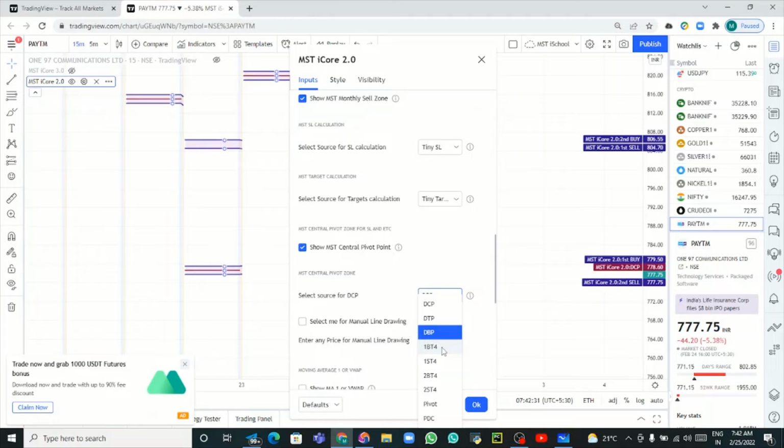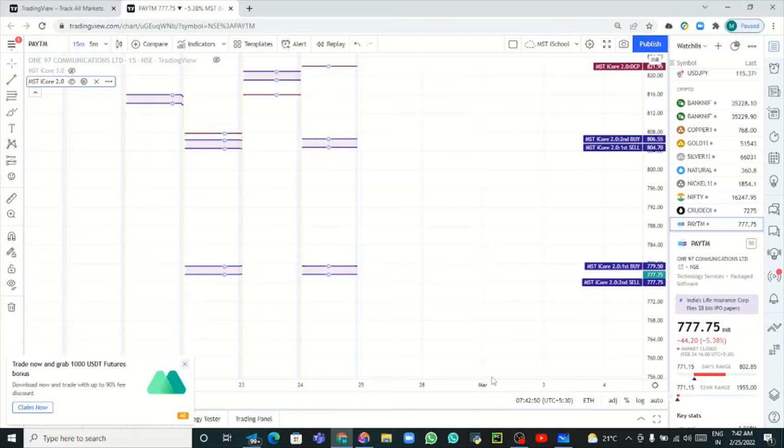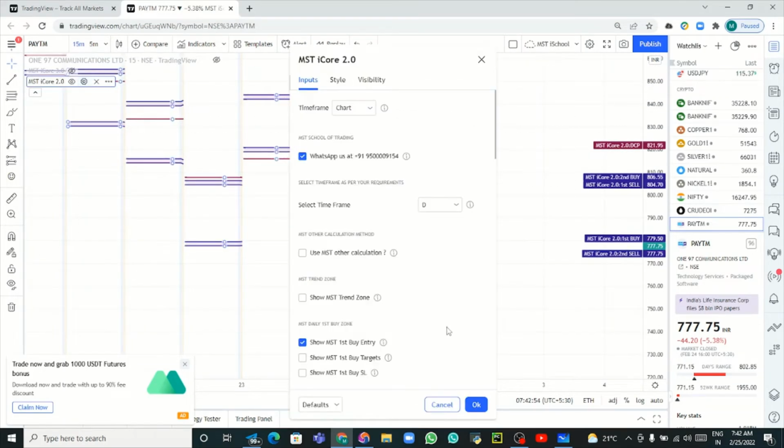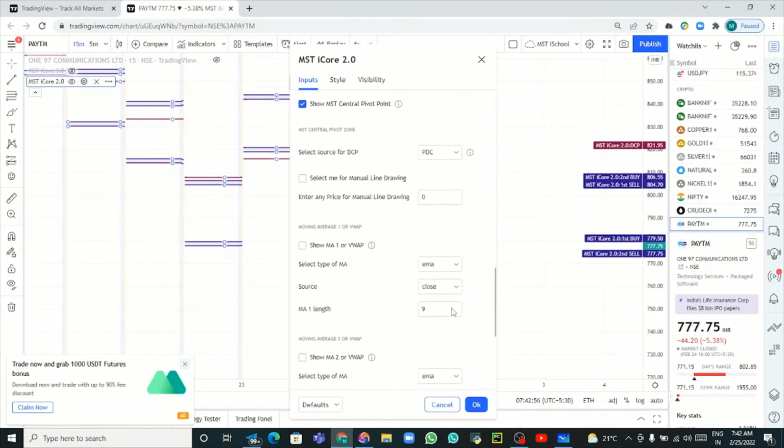By default you will be getting 3 targets. Here, if you want, you can take extra targets: first buy target 4, first sell target 4, second buy target 4 and second sell target 4. If you want to know the pivot point, central pivot point, CPR, then you can see here. If you want to know the previous day close, that also you can see here. So all the options we have given in the single indicator.